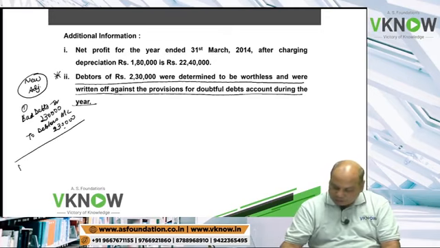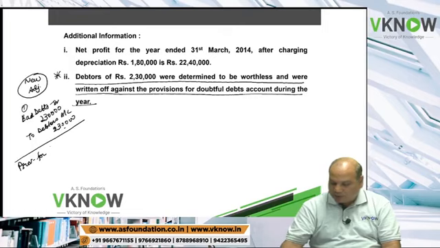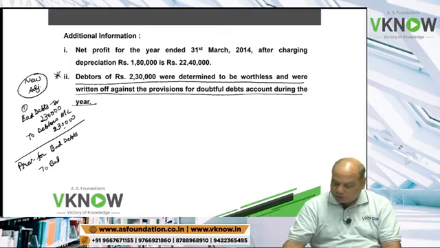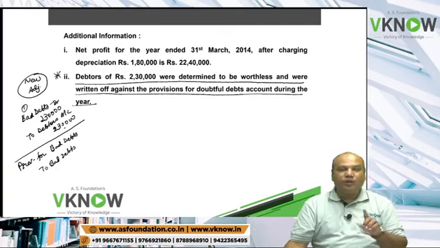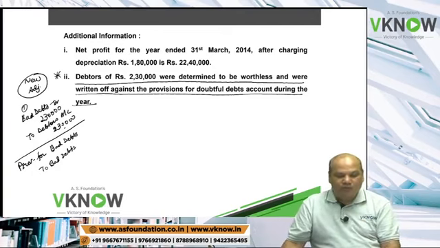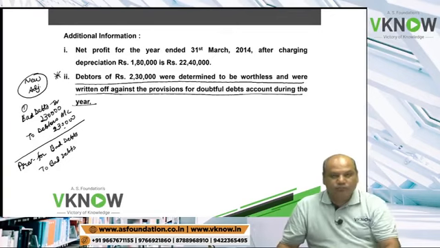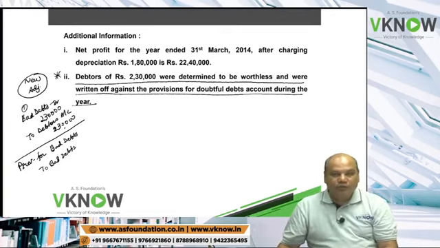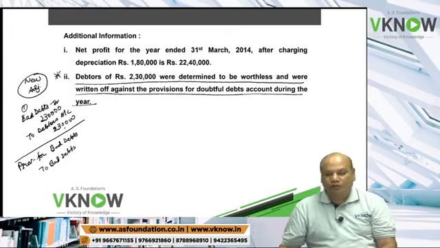Write the entry quickly in your notebook. The second entry: because they have created a provision for bad debt, the purpose of the provision is that if any bad debt takes place, it is used for writing off the bad debt.